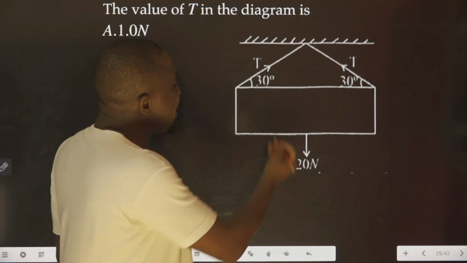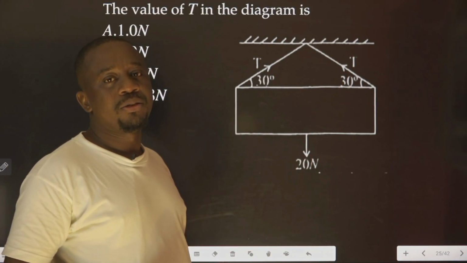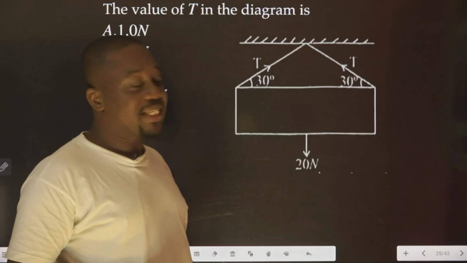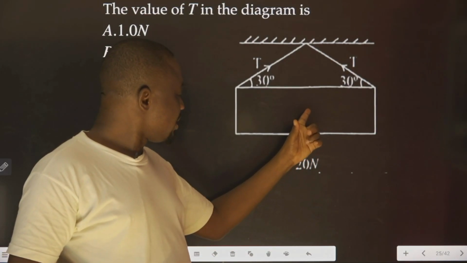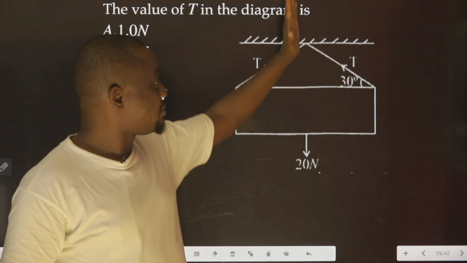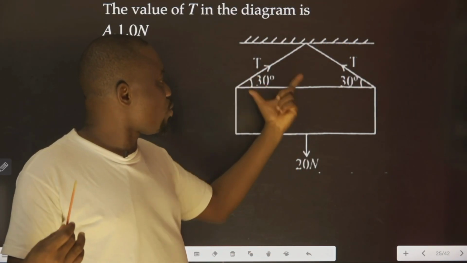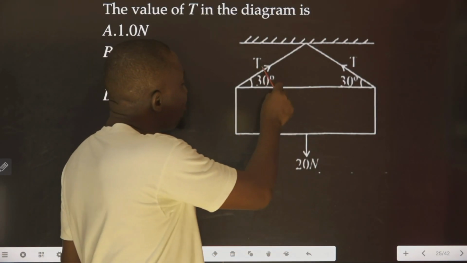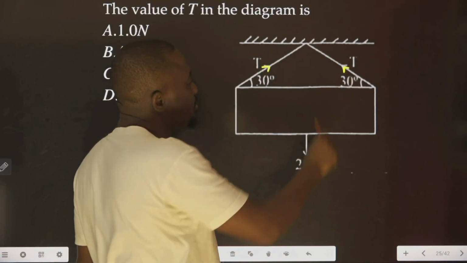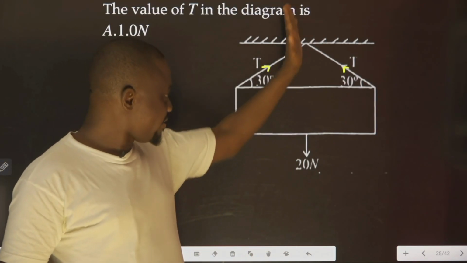It is balanced because here is 30 degrees, here is 30 degrees, T, T, and we have 20 newtons. That is the weight that is coming down. Then we have these cables that are supporting it, so you can see their direction is up. So all we need to do is to get the vertical component of each of these.